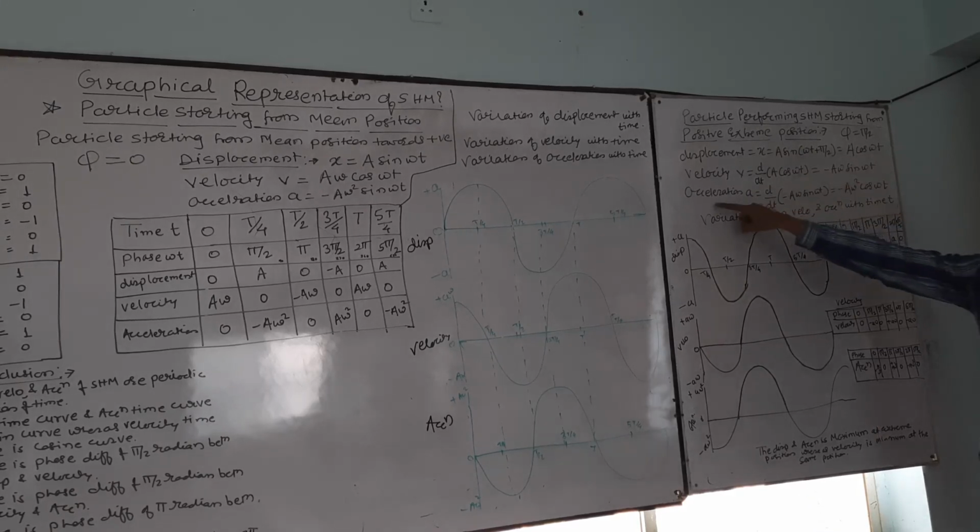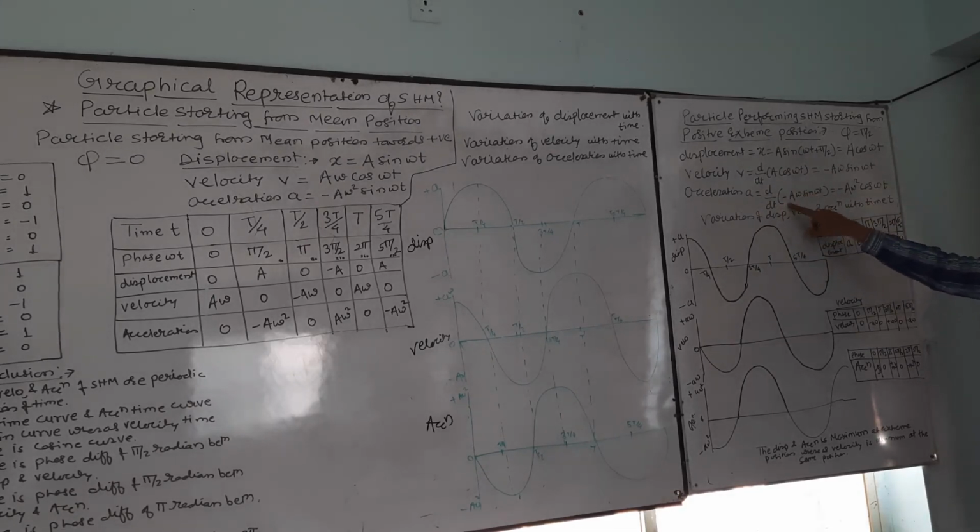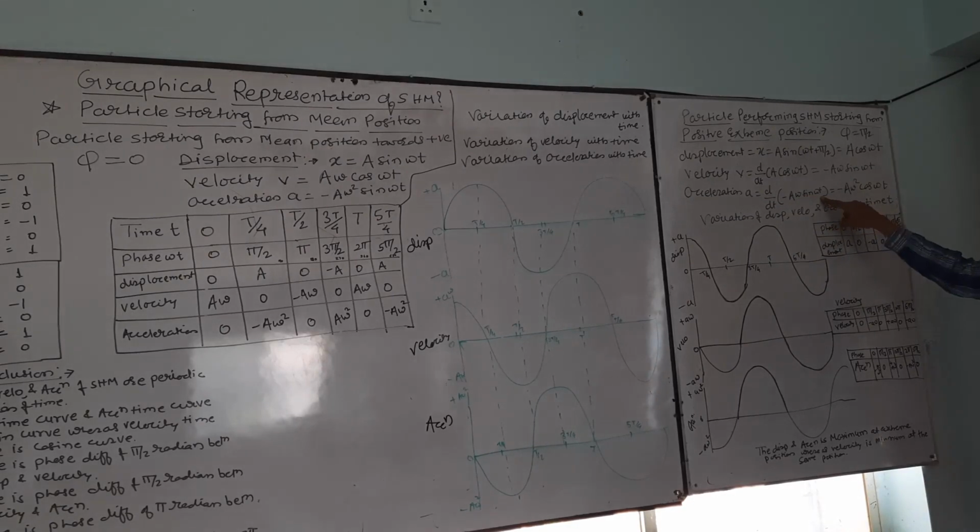And finally acceleration a is equal to dv by dt. Therefore a is equal to d by dt of the velocity, minus a omega sin of omega t, and its differentiation is minus a omega square cos of omega t.